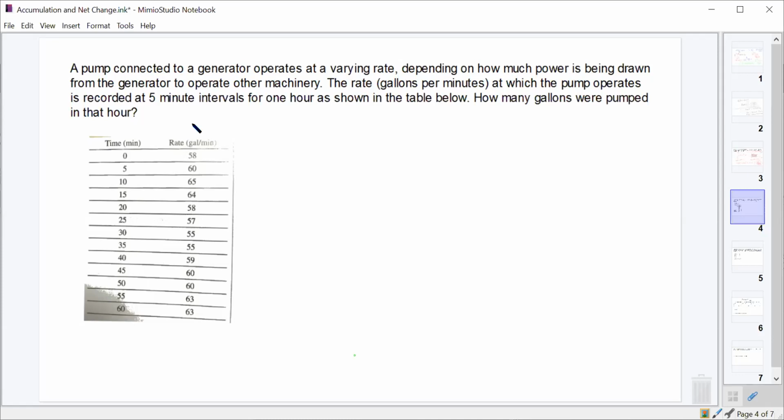So we're looking at a rate function, gallons per minute. And we want to know the number of gallons. So we will integrate it across time. Okay? So we need to integrate from where to where.